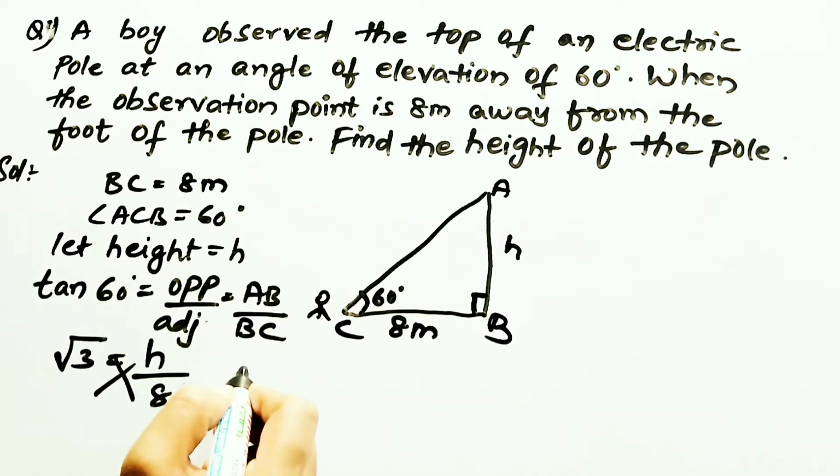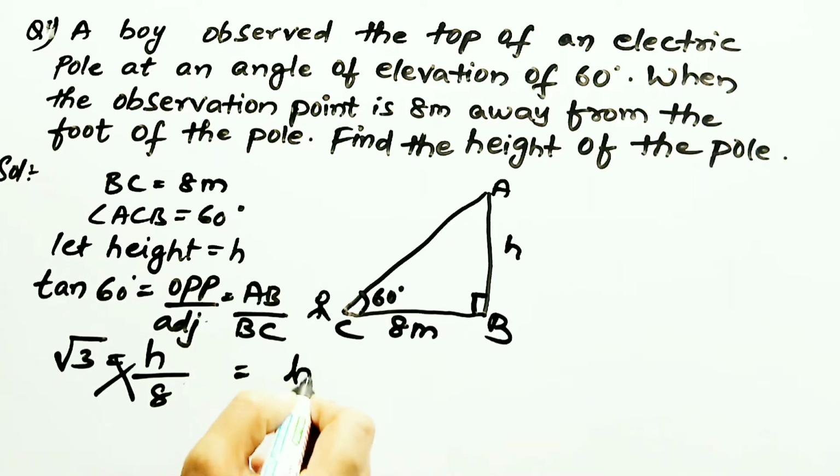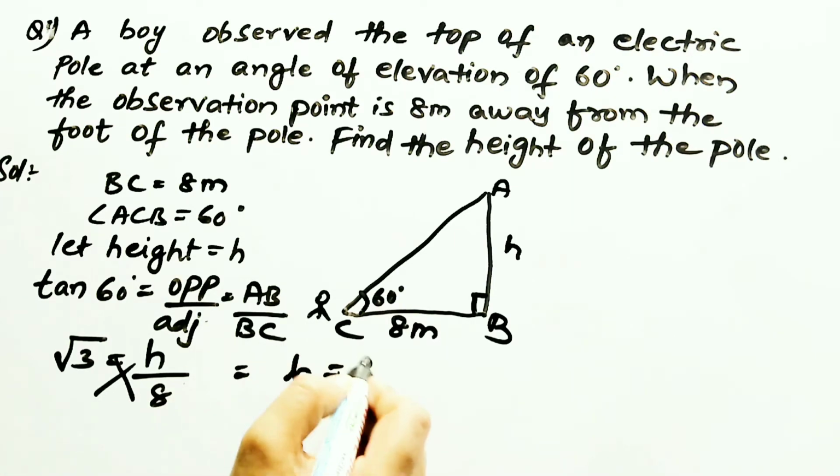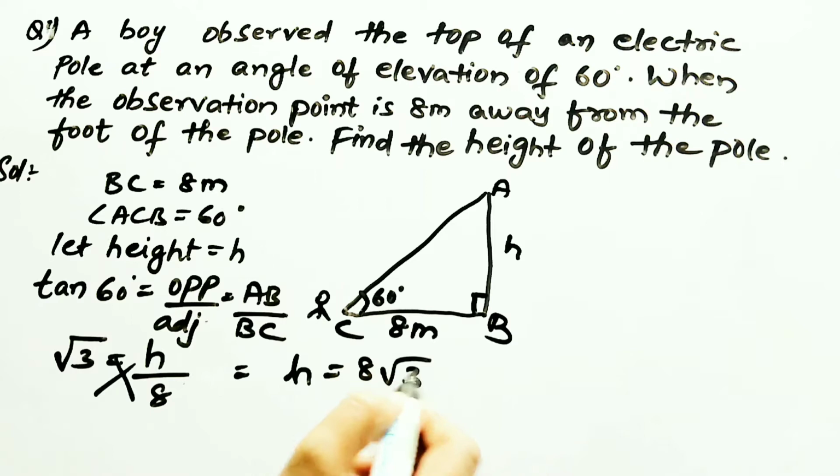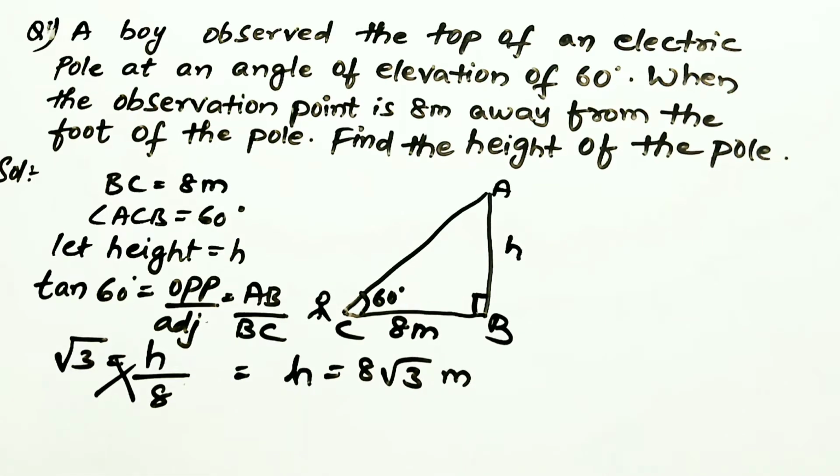Cross multiply and you get height equal to 8 square root of 3 meters. ICSE students will use the value of root 3; just substitute the value of root 3 and multiply by 8.